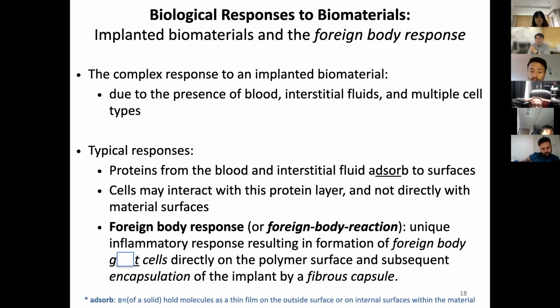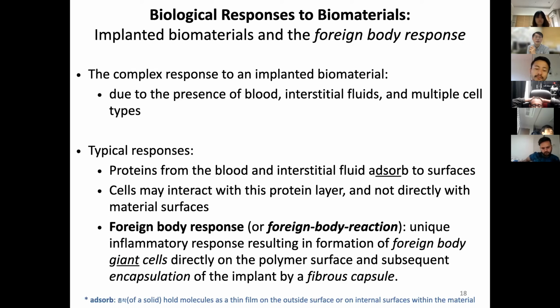And I think this is a little difficult for many, but we will make a giant cell to respond to this. And I will show why we call it giant cell, foreign body giant cell, directly on the polymer surface.